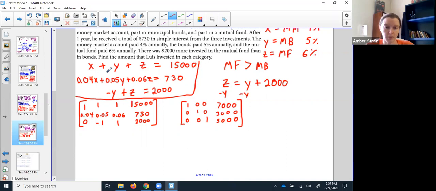And I could even figure out my interest on all of these. So just be careful. Don't move on too fast. The money markets, the municipal bonds, and the mutual funds. Okay. Also, in word problems, as you've seen in these examples, they tend to come up with pretty answers, pretty numbers.